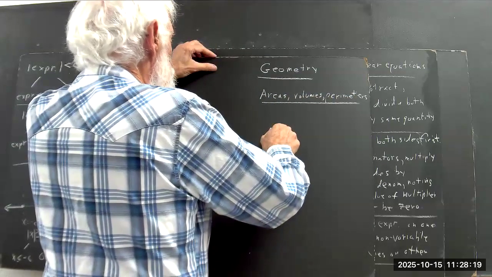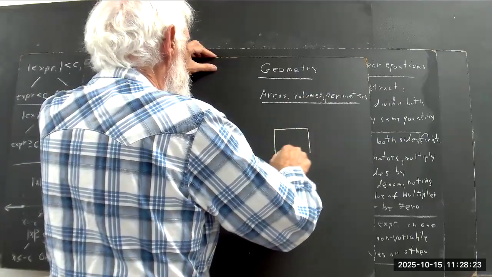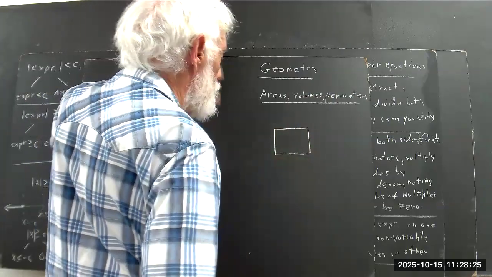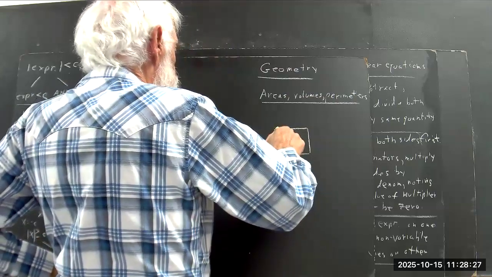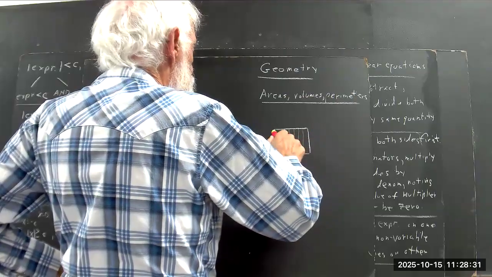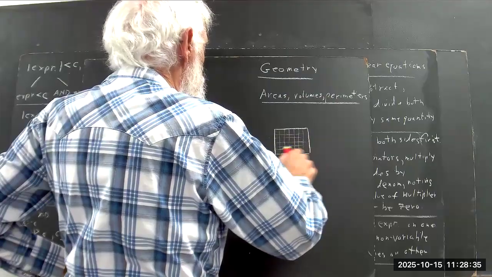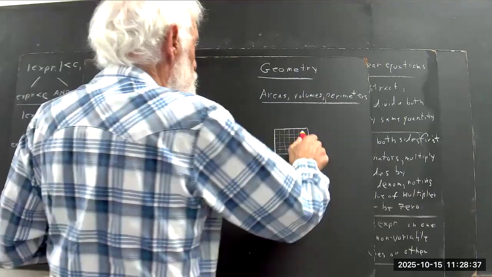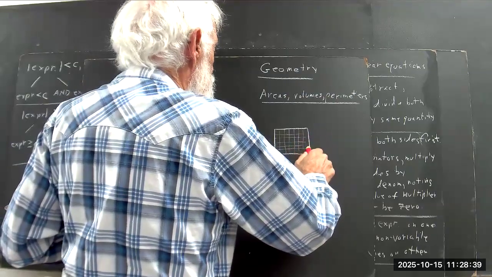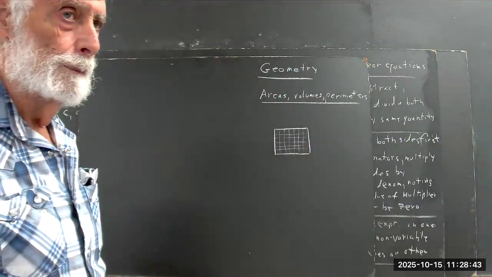Okay. For a rectangle, let's assume that I've divided this thing up uniformly into squares, and each square is one square unit.